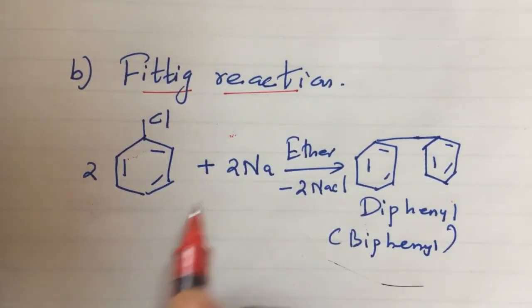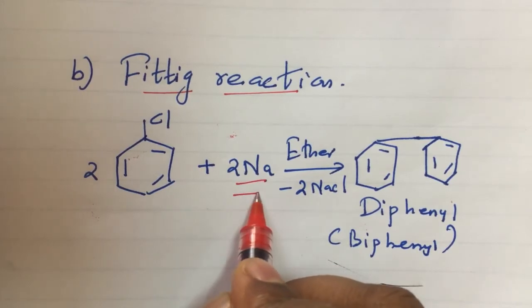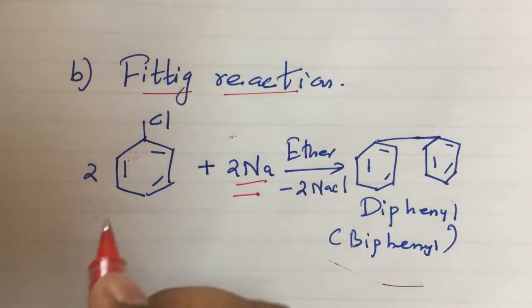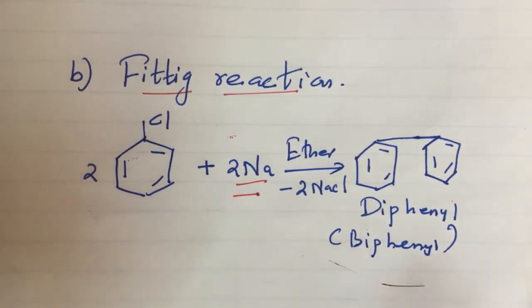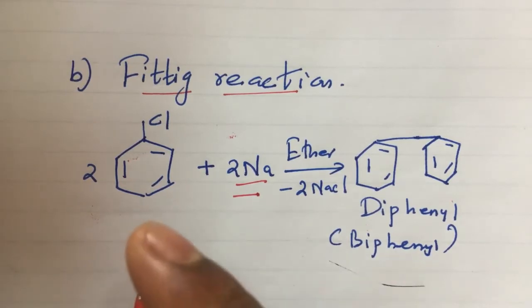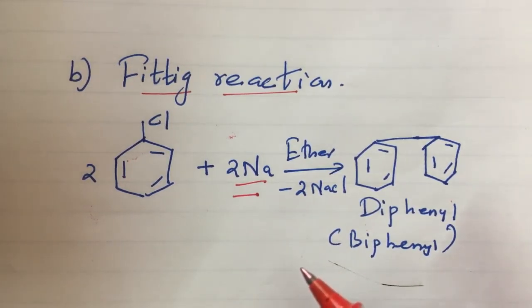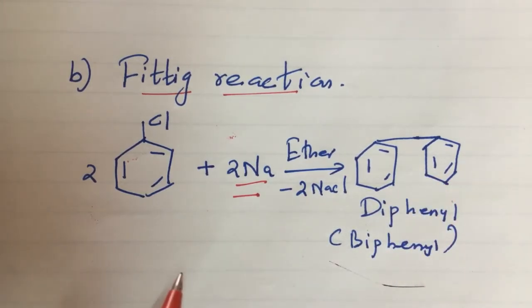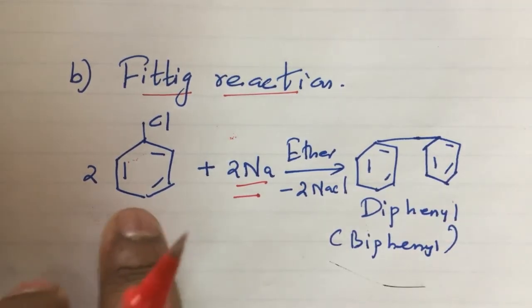In the Fittig reaction, again the metal is sodium, but the difference is that the reactant is only haloarene. In the Wurtz-Fittig reaction, the reactants are haloarene and alkyl halide. The Wurtz-Fittig reaction is the combination of the Wurtz reaction and the Fittig reaction. And this one is the Fittig reaction.